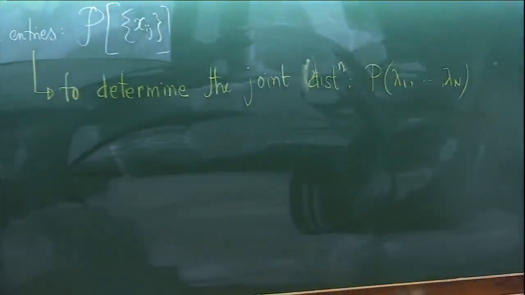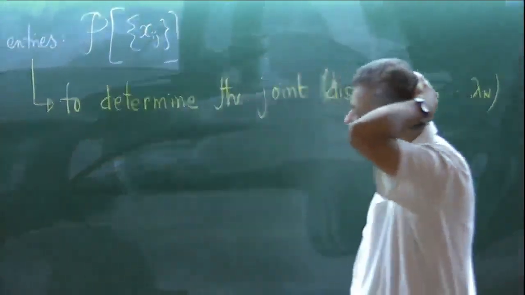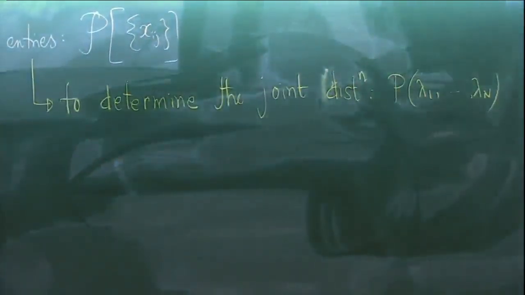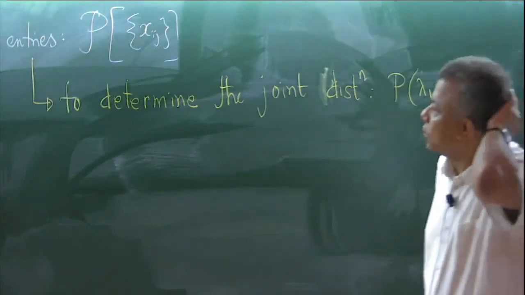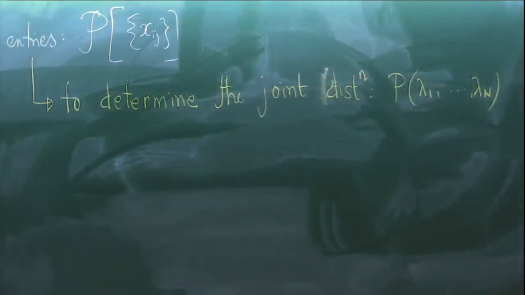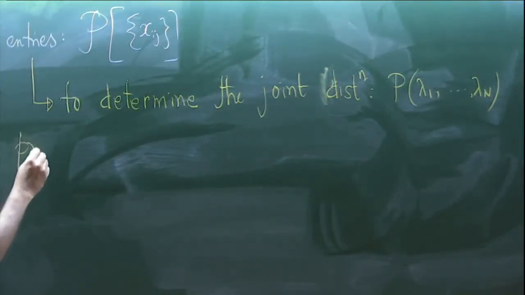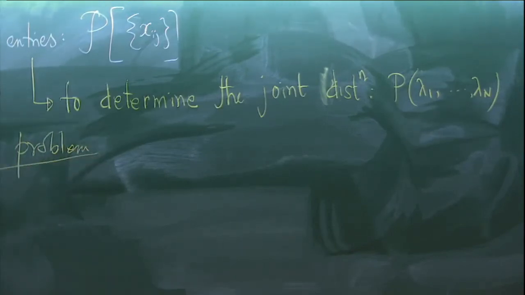Often we'll see that even though the entries may be independent, like in the Gaussian IID case, the eigenvalues will still be correlated, which means that the eigenvalue distribution is not going to factorize. In fact, for most cases, the joint distribution is not known.